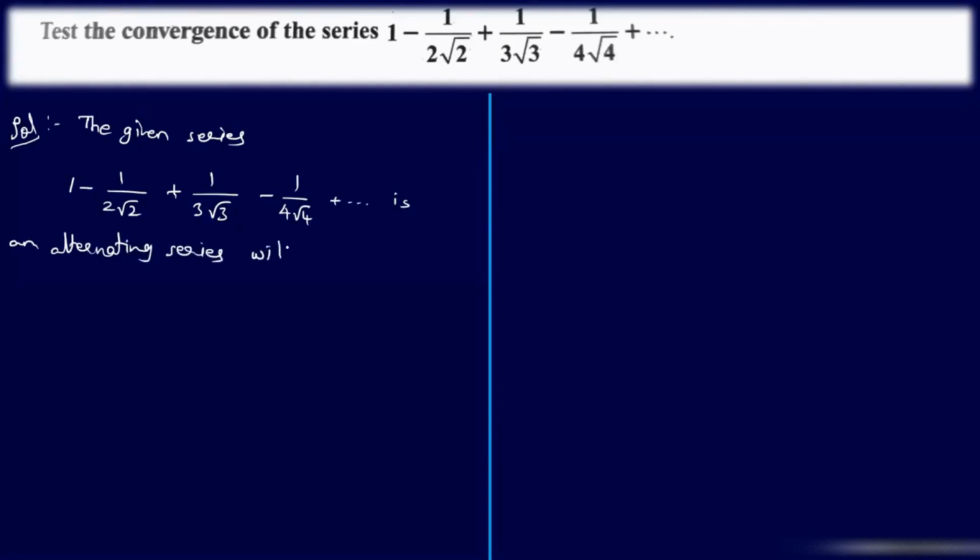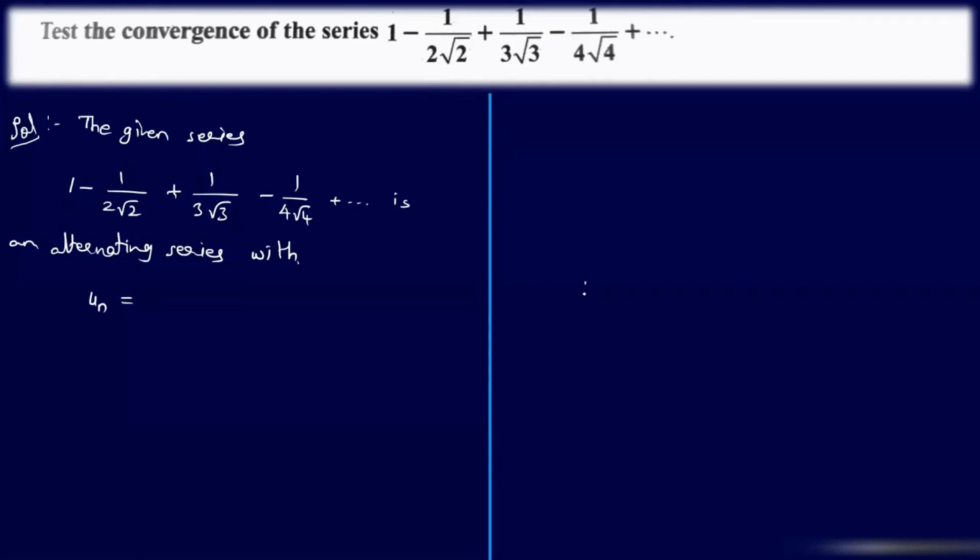Can you expect what may be the nth term here? Look at it this way. With un equals, look at all these terms, ignore the signs for the time being and only look at the nth term.